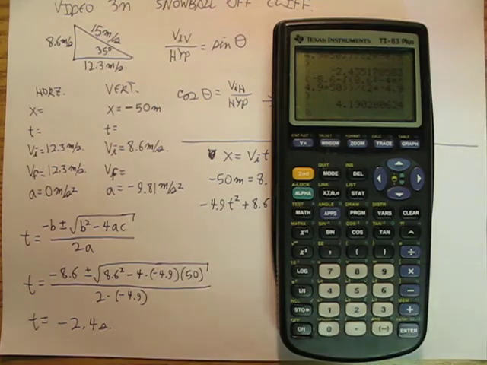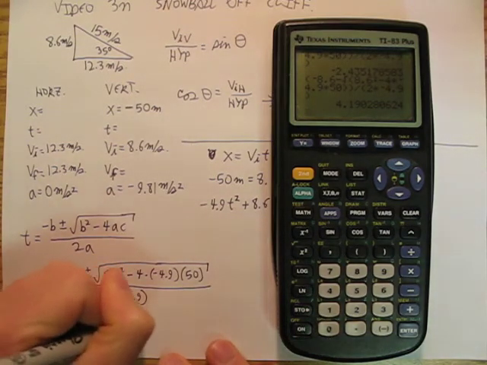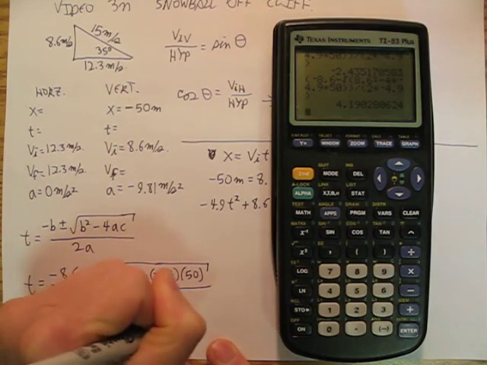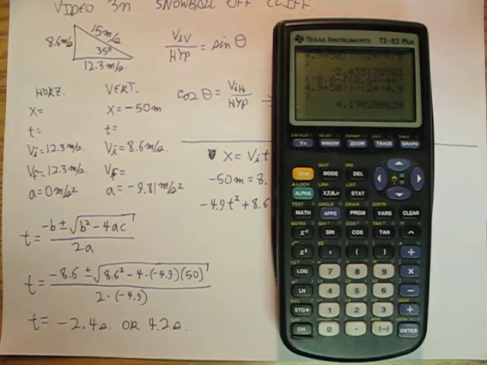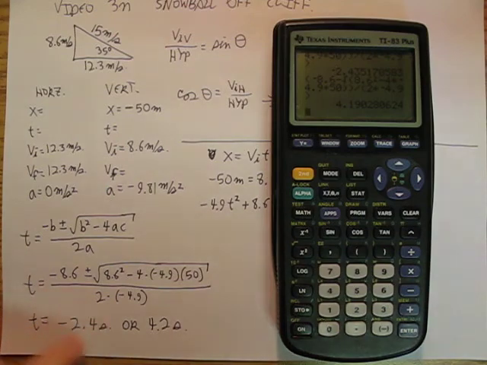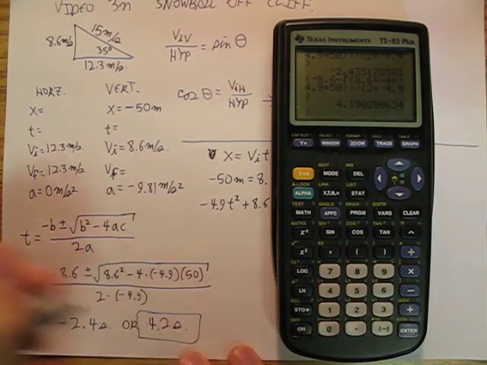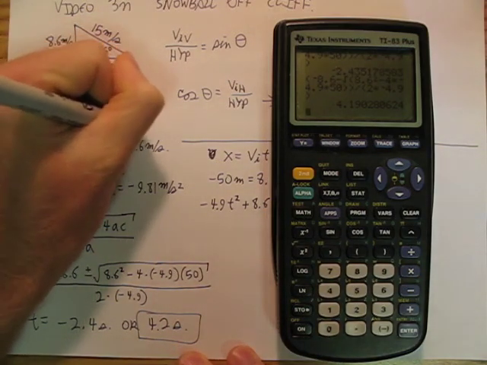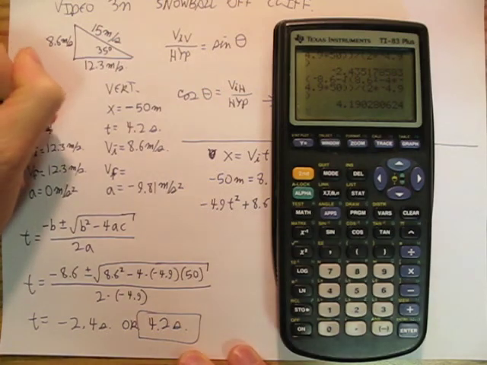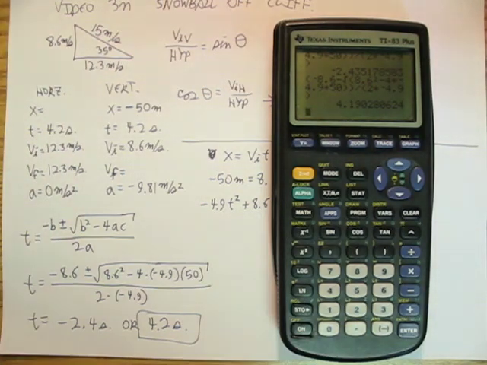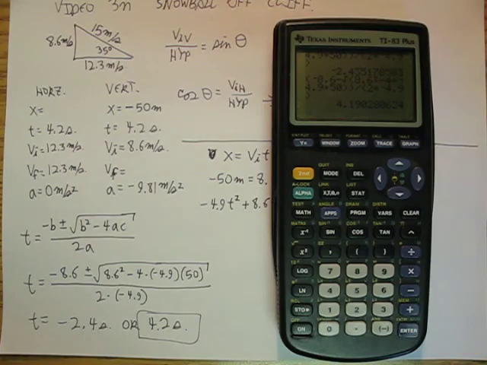Now I hit enter again, and I get 4.2 seconds. Okay, this has a meaning which I'm not going to be able to get into. But this is the answer we're looking for right here, 4.2 seconds. Okay, that's that video.